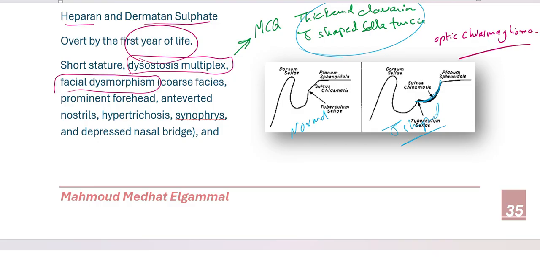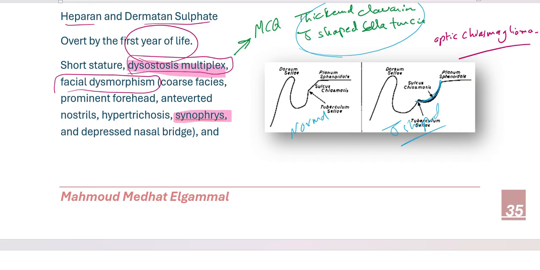I'm not aware of any candidate in part 3 or the oral part of FRCS who was presented an X-ray with a J-shaped sella turcica, but you need to be aware of this differential diagnosis: anatomic variant, optic chiasma glioma, neurofibromatosis type 1, mucopolysaccharidosis. So this is what we mean by dysostosis multiplex and facial dysmorphism.